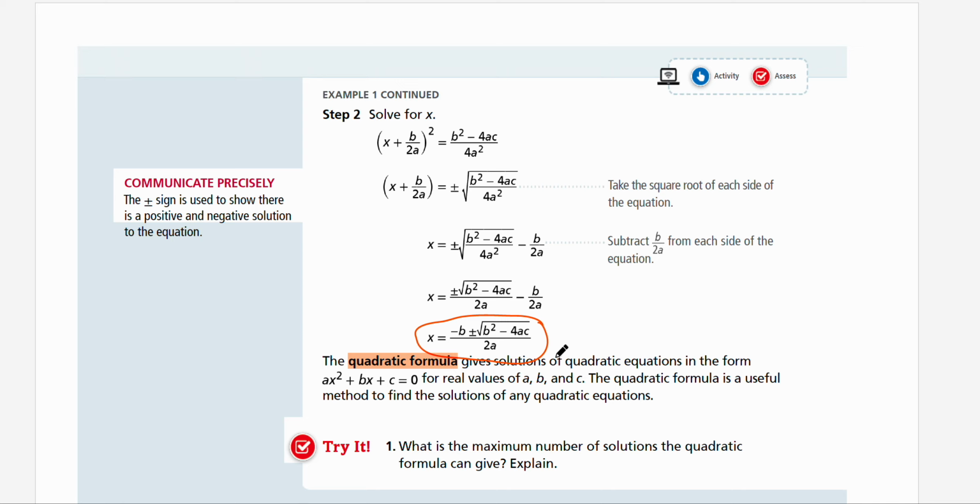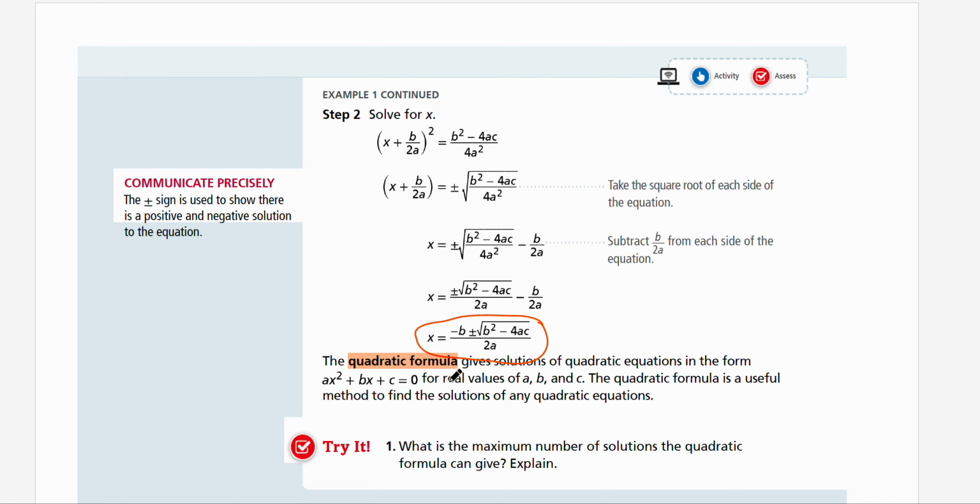But because some methods work sometimes, the other methods don't work all the time, right? So then the quadratic formula always works, no matter how many real solutions or imaginary solutions you have. The quadratic formula gives you all real and imaginary solutions.